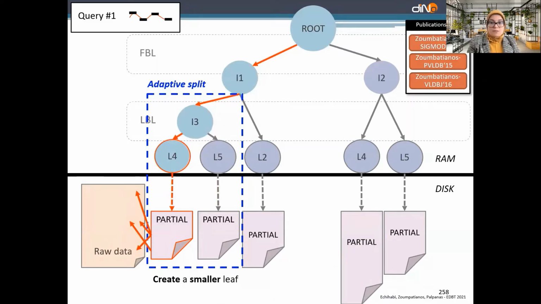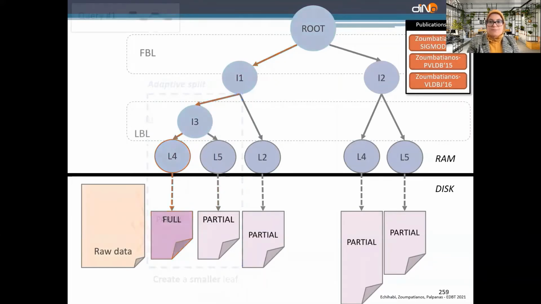The raw data is then brought into the index and the leaf is materialized with the raw data. So this approach ensures that the next time a query needs that particular leaf, it will find that the data is already there and the query will be much faster. Moreover, it's not necessary to spend time building a portion of the index that is not needed by the query workload. So overall, the query answering time is faster.